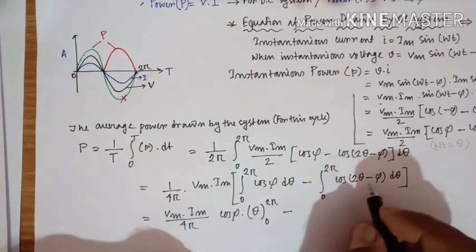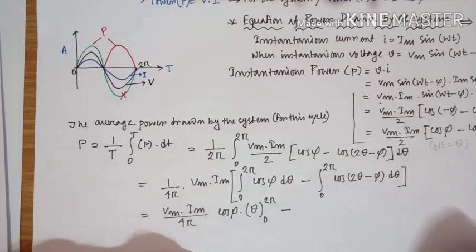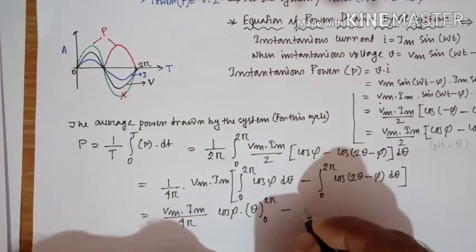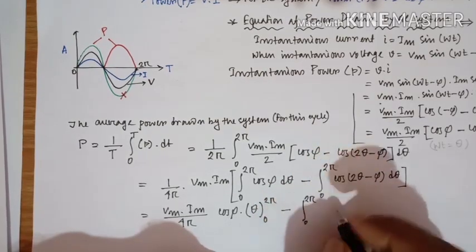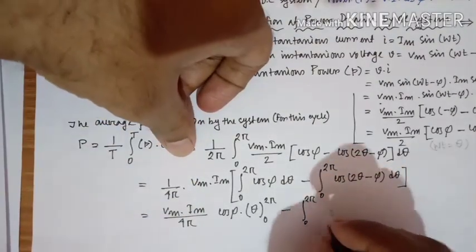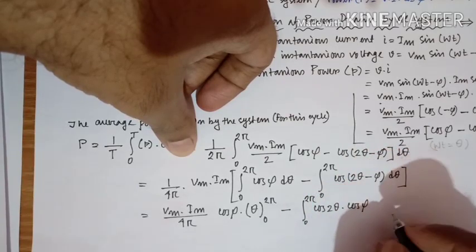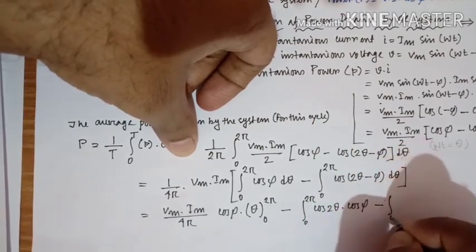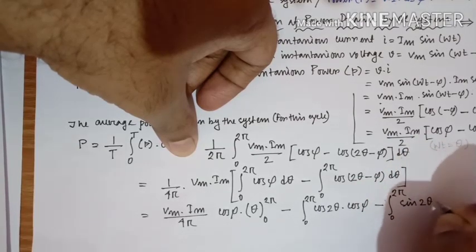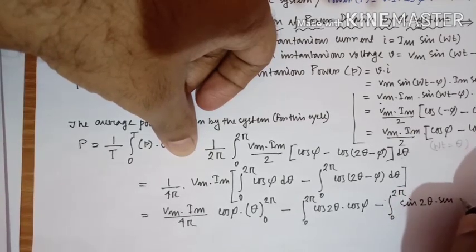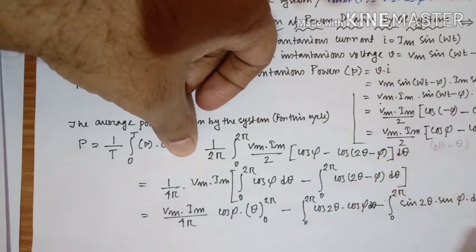minus, this is cos A minus B, so we need to break it down, cos A minus B, that is integration 0 to 2 pi cos A cos B minus sin A sin B into d theta.